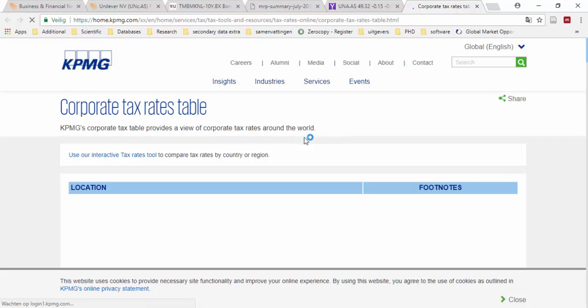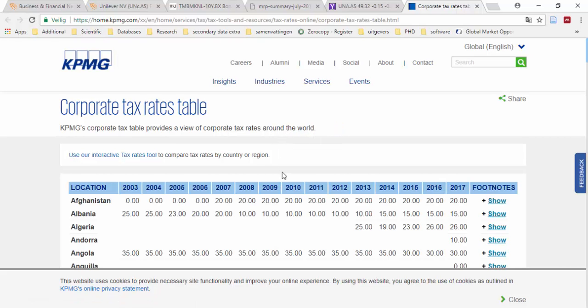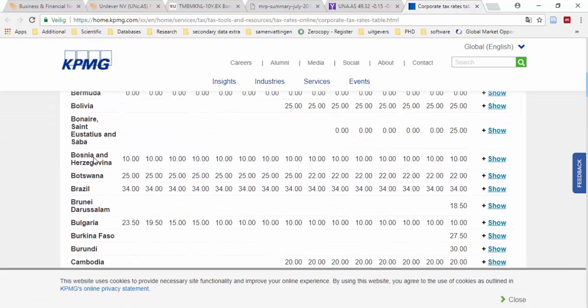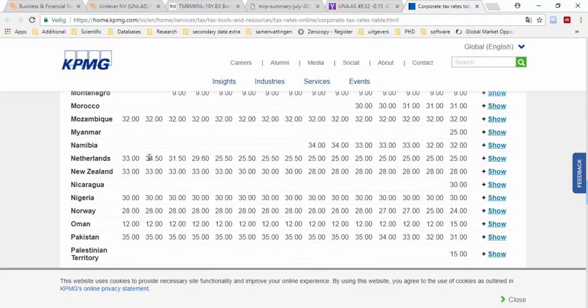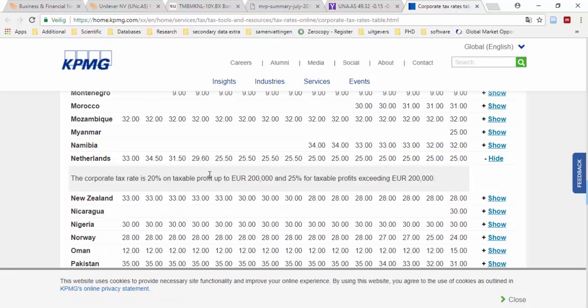Again, if it opens, yep. We search here the Netherlands. We see 25%, but we see, right, 20% for up to 200,000 and 25% for everything above.